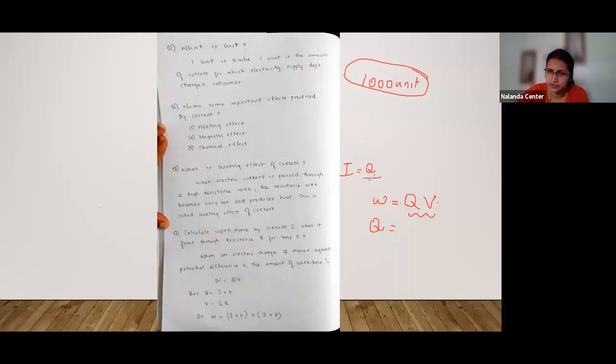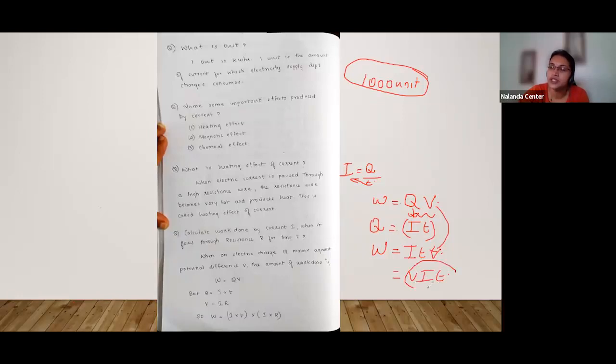Current is equal to Q by T, right? So, Q is going to be I into T. So I put I into T instead of Q. So W is equal to, instead of Q, I into T, and V over here. So the formula is VIT.